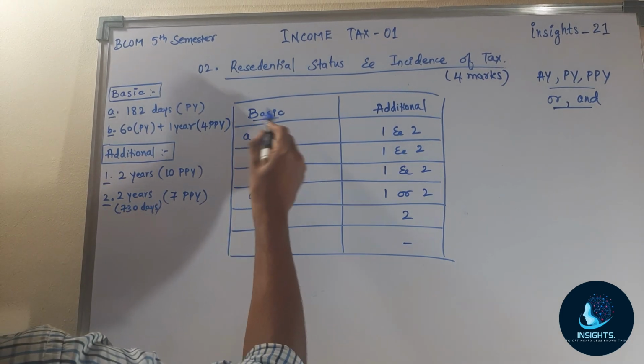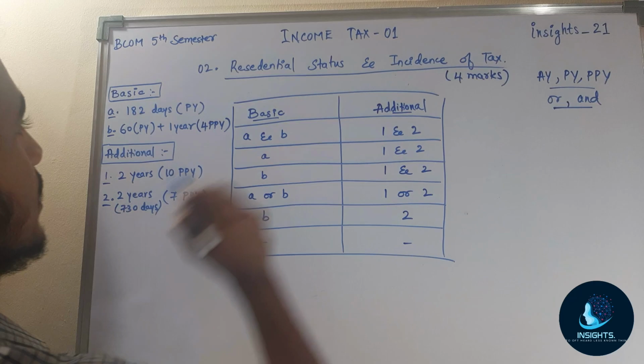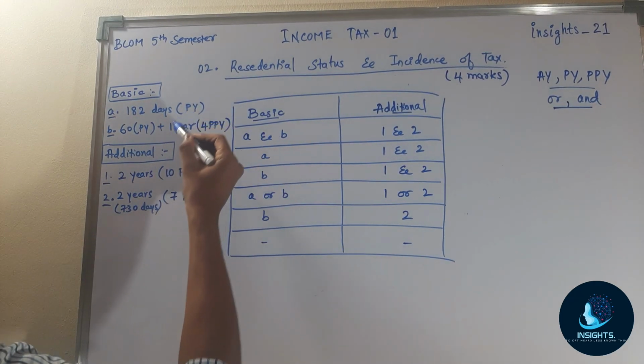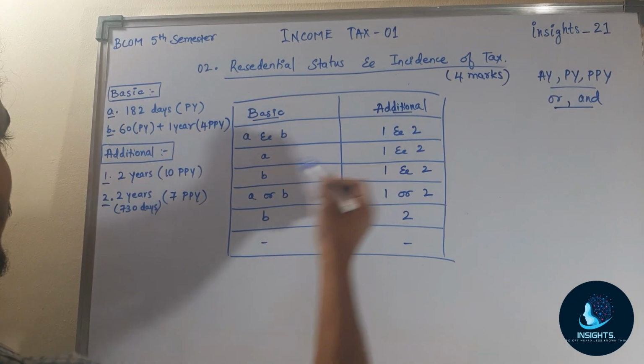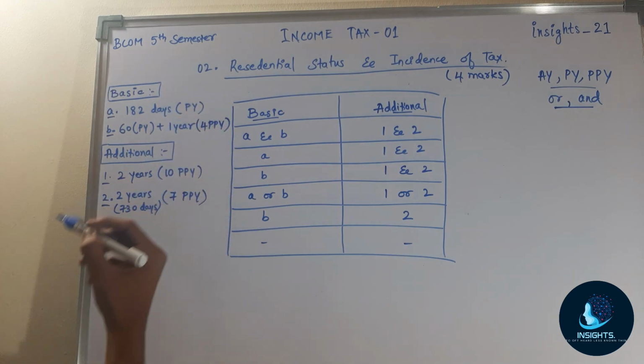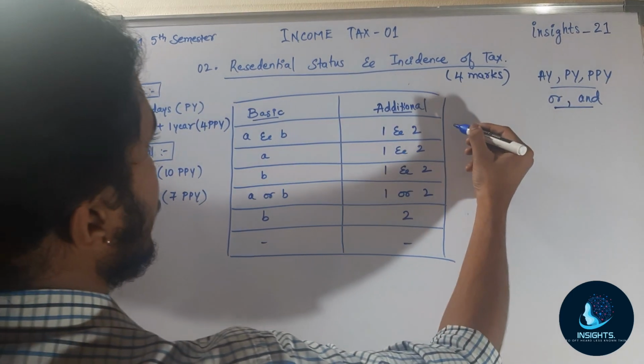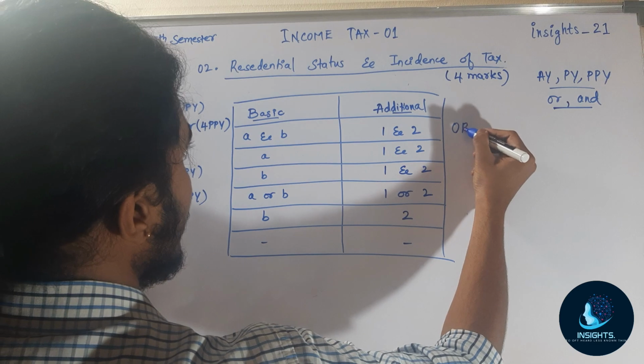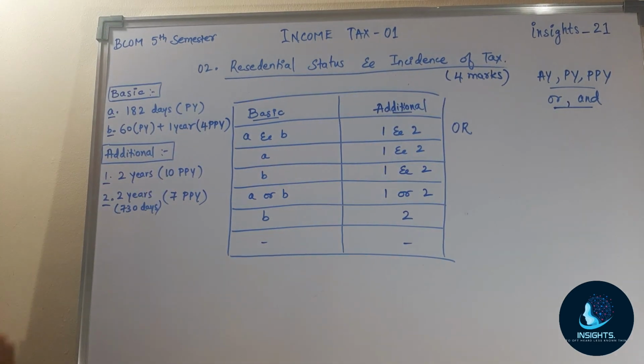So if basic as well as additional conditions A and B as well as 1 and 2, if all the 4 conditions are satisfied, the person is said to be a resident and ordinary resident.